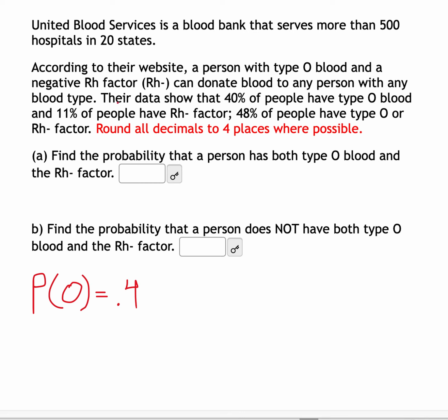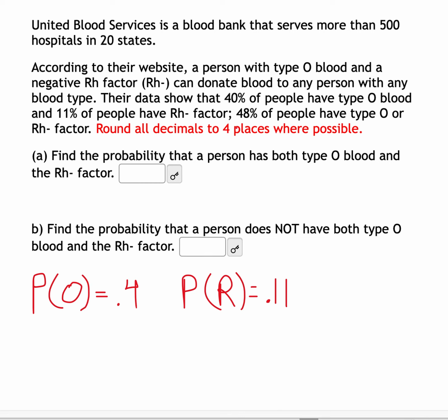Then it says that the probability of an Rh negative factor is 11%. So I'll call that event R, and that's going to have a probability of 0.11.